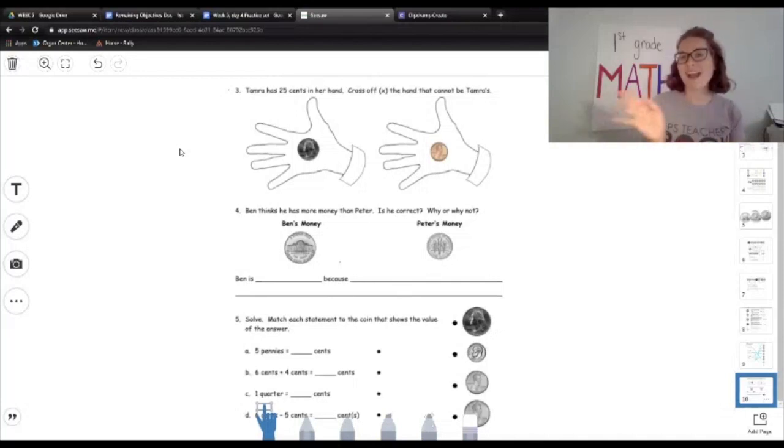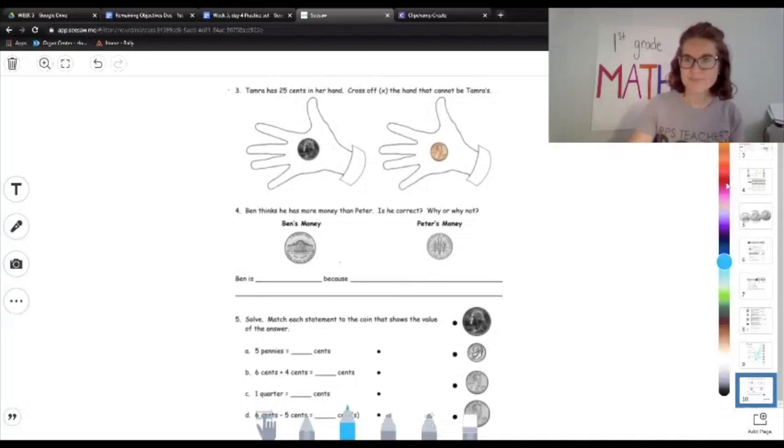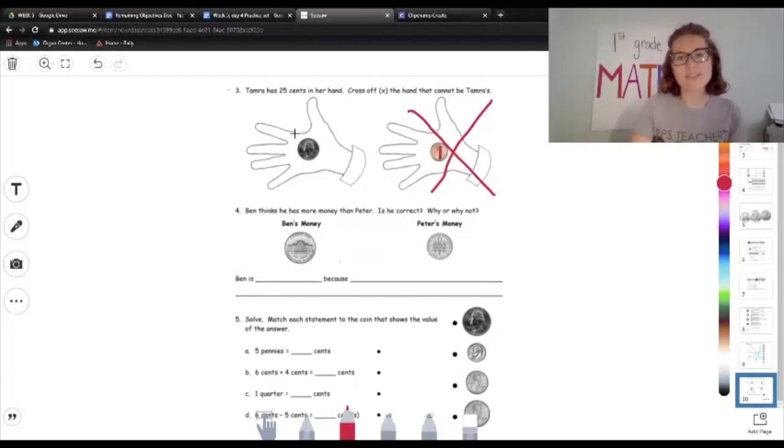Which one is not 25 cents? Good, this one is not 25 cents. What is that? That's a penny. That's 1 cent. Good, this is a quarter. This one is 25 cents. Good job.